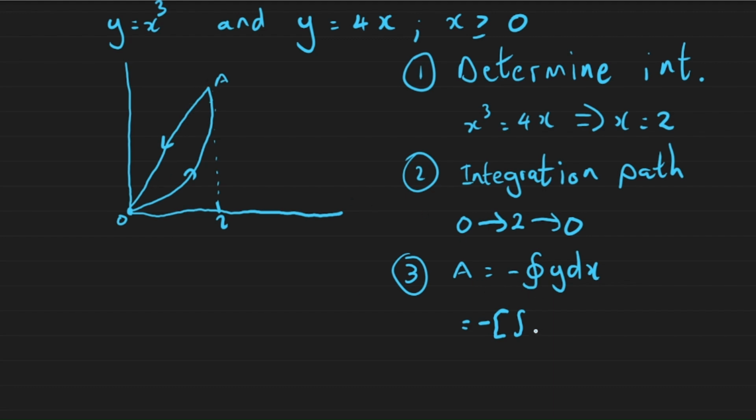The bottom curve corresponds to x cubed. Then back from 2 to 0, and that corresponds to the function 4x.